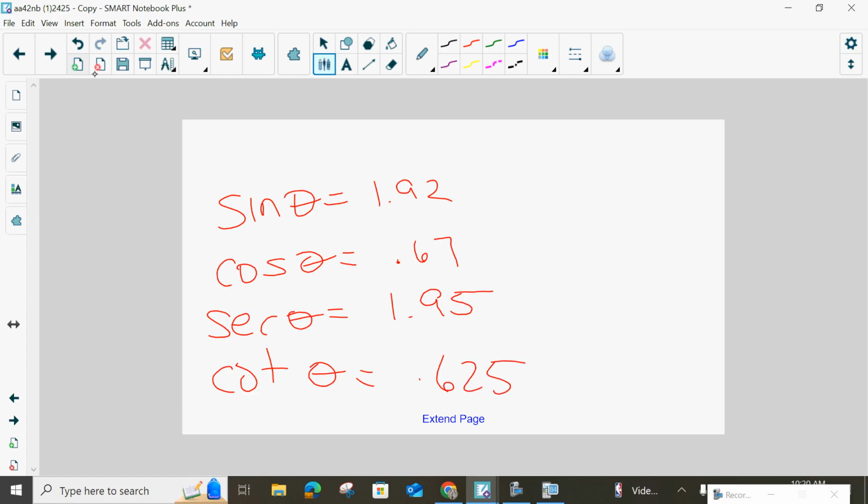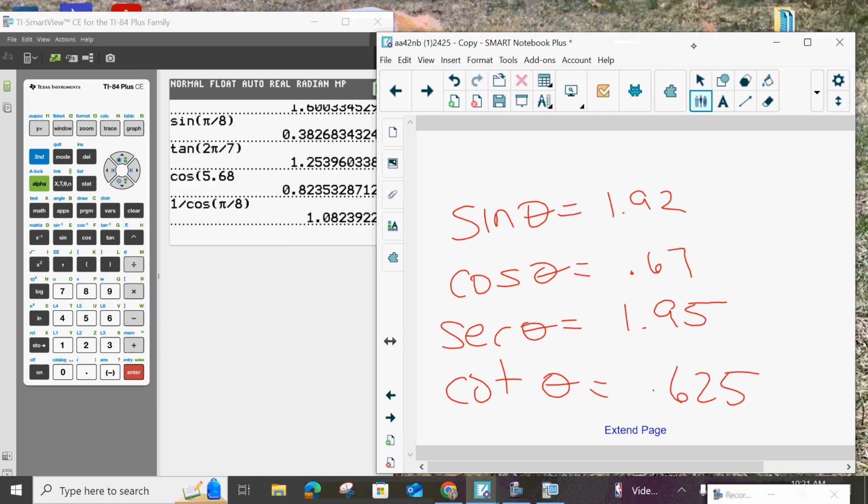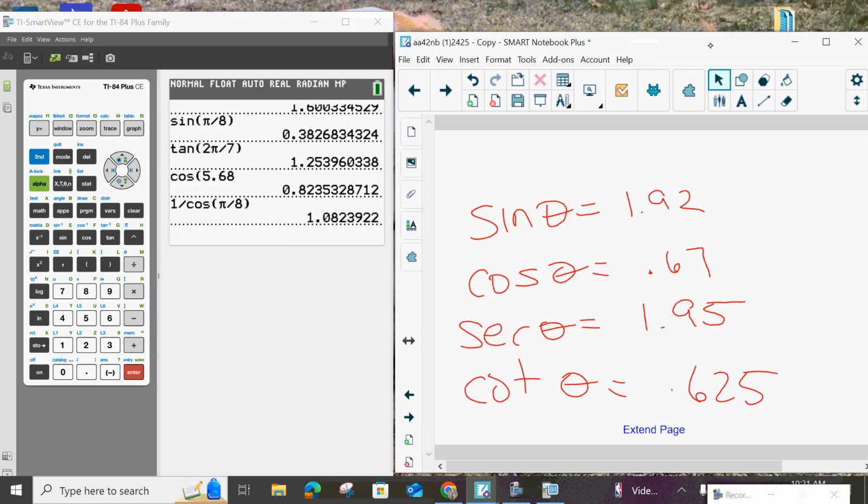Okay, so top two are the easier two since I have the button. So when we are solving for the angle, I'm going to do the cosine one first. When I'm solving for the angle, that's when we're using the inverse function.